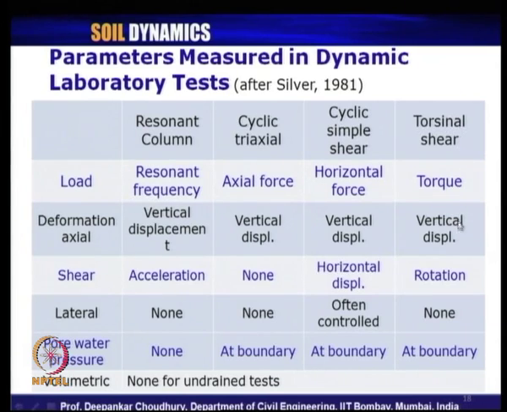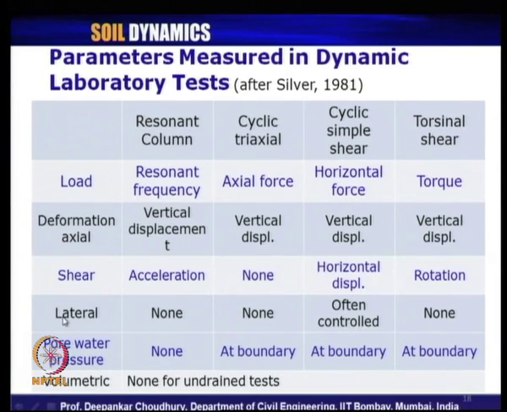Regarding the shear, in resonant column test, it is measured through acceleration. In cyclic triaxial, we do not measure shear. In cyclic simple shear test, of course, we can measure it through the measured value of horizontal displacement, and in torsional shear test, we measure it through the amount of torsion.